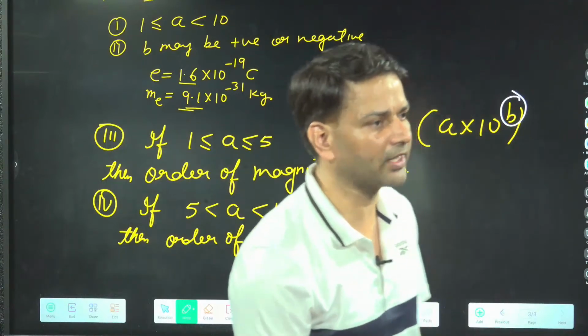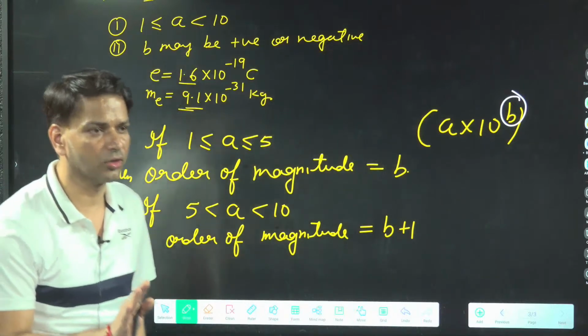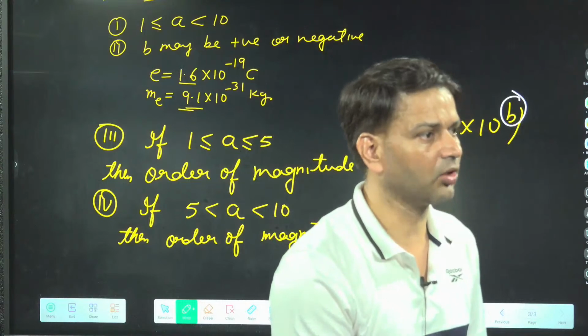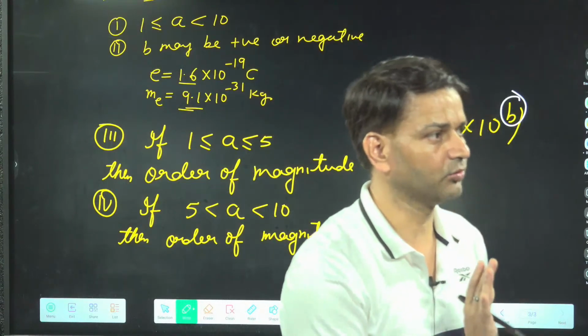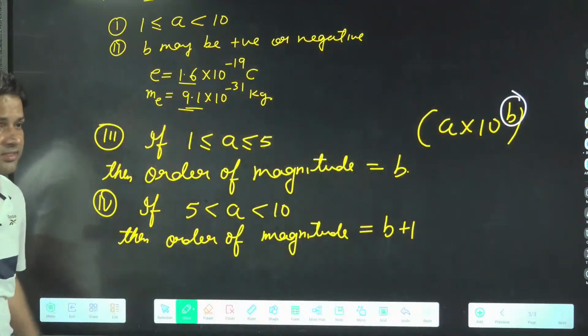If A is less than or equal to 5, then directly the order of magnitude is B, minus 19.